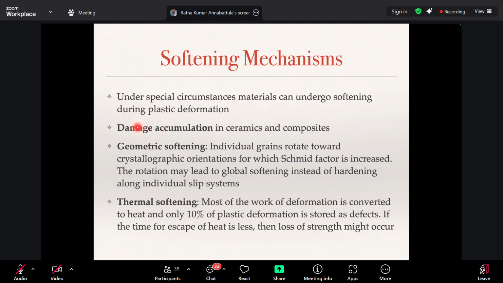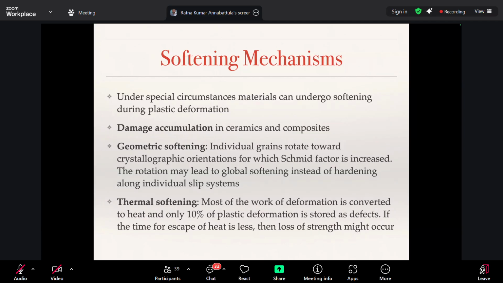There is another mechanism called geometric softening, which basically means the grains rotate toward a crystallographic orientation for which the Schmid factor is maximum. So imagine a scenario wherein all the grains are rotating in such a way, oriented along the loading direction, that your Schmid factor is maximum.